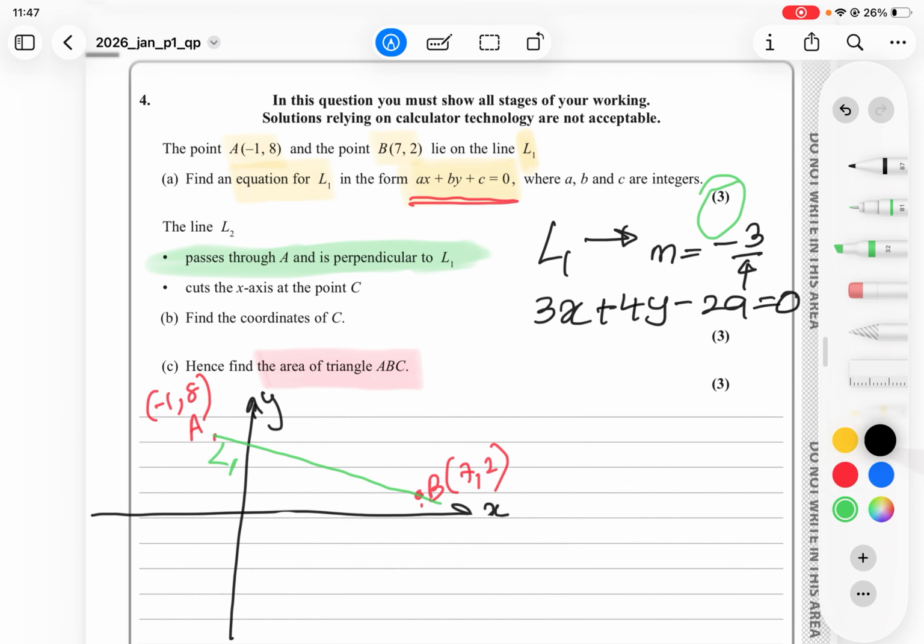The new line is passing through this point. So let me extend the L1 line a bit. L1, which was our previous line, I'll extend a bit on both sides.